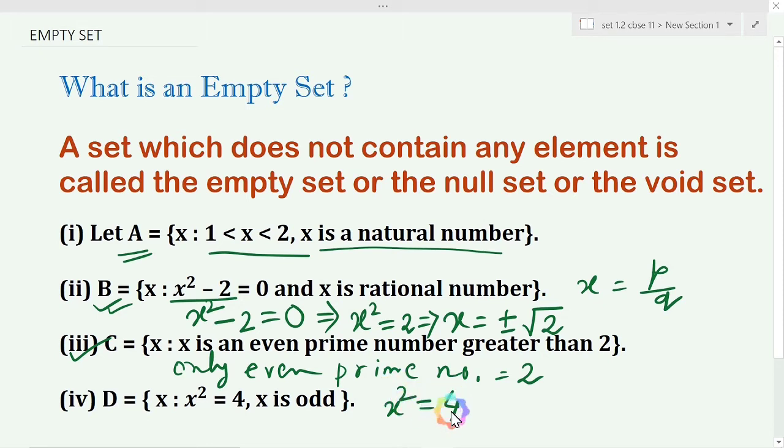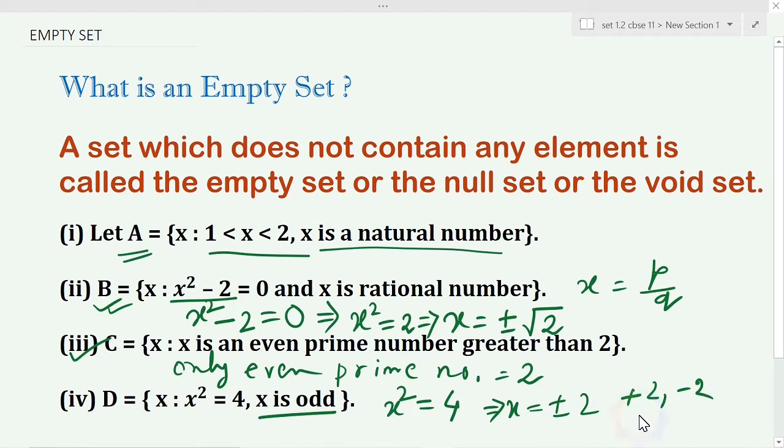And set D says that x square equals 4. This is the condition, and the other condition is that x is an odd number. If we solve x square equals 4, we get x equals plus 2 and minus 2.